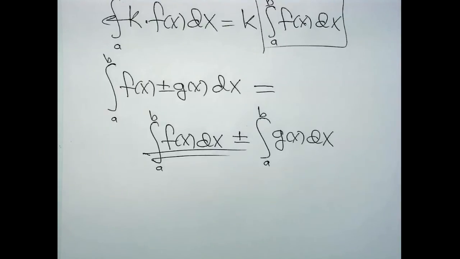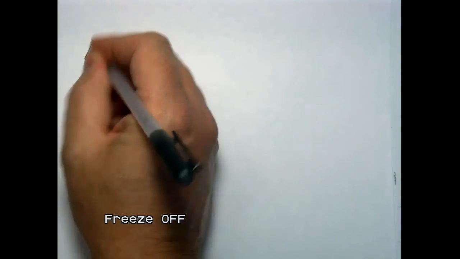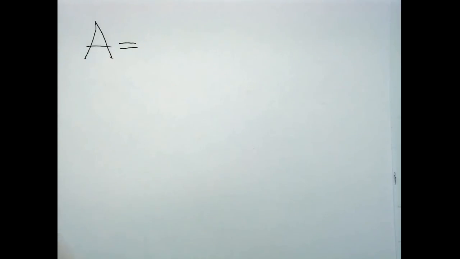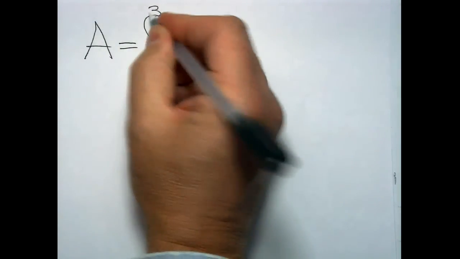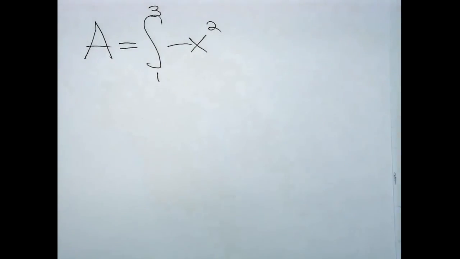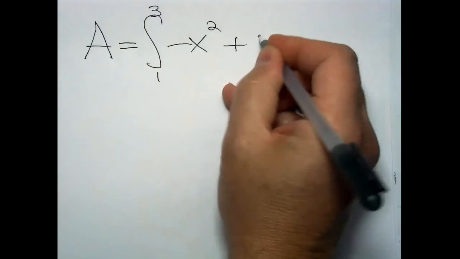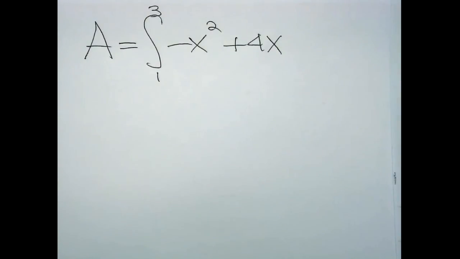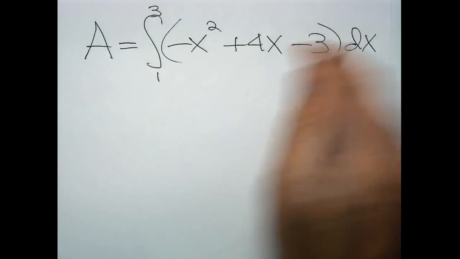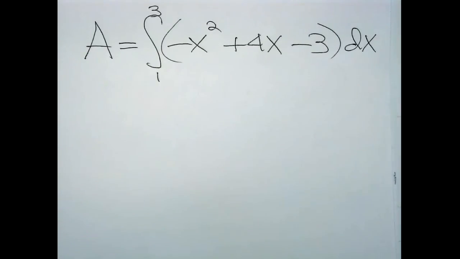Now they give us an example of this, and they say, could you tell me the area from 1 to 3 underneath this quadratic, minus x squared plus 4x minus 3. Now, of course, the antiderivative symbol is really no good without a dx.